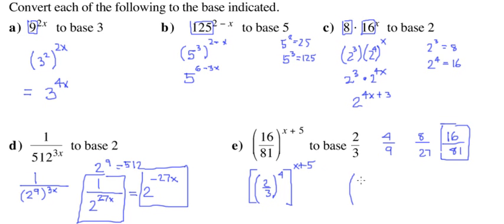So this ends up being 2/3 to the 4x plus 20. You could write that as 2 to the 4x plus 20 over 3 to the 4x plus 20. I don't think there's any real benefit to doing that. You can do it if you like, but this is where I think I would stop.